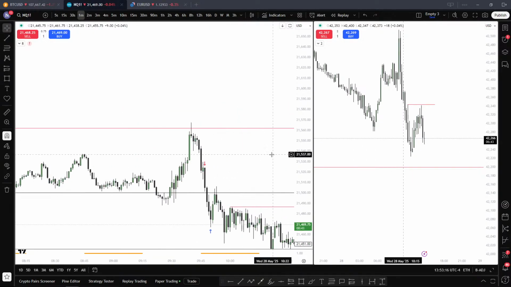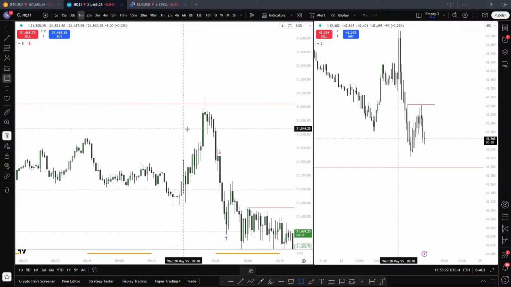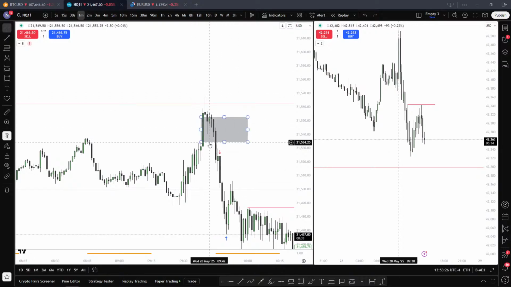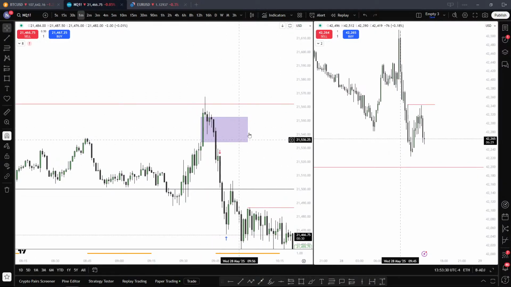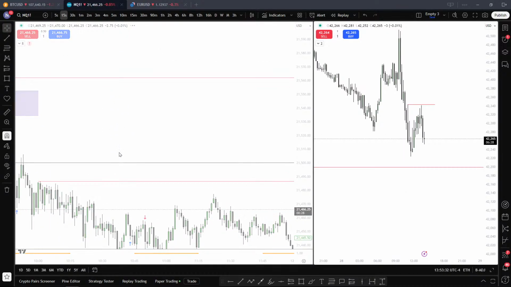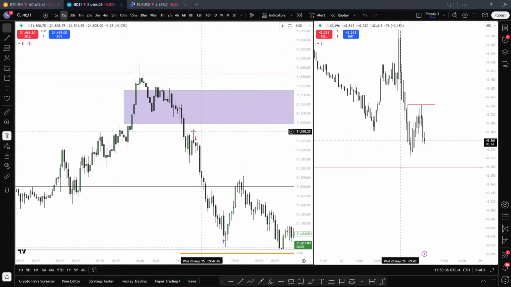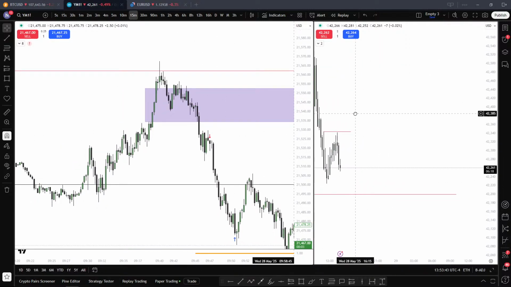We started dropping lower. Now, the CSD for this trade was the inversion, the invalidation of this first presented. As soon as this first presented got invalidated, that was the confirmation for me to say we're dropping lower.